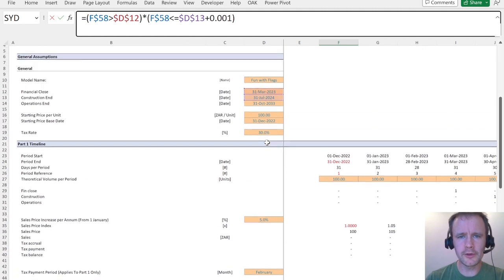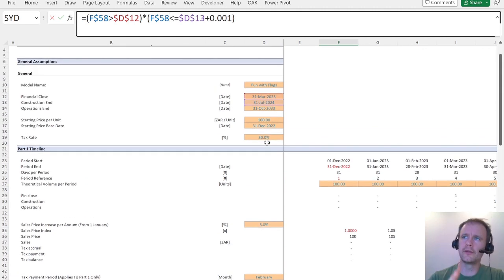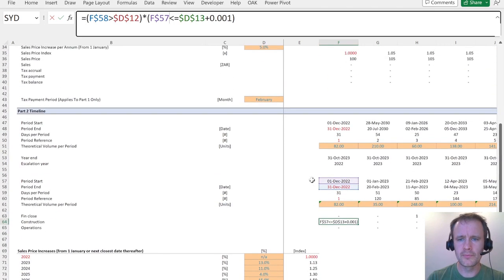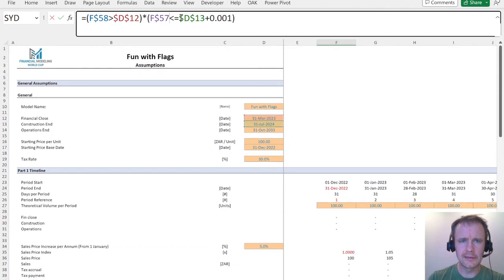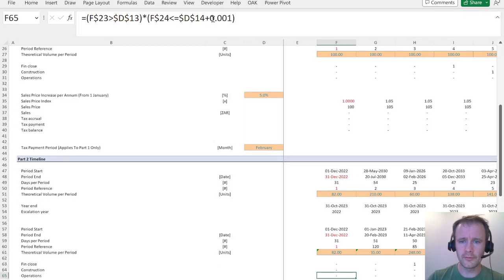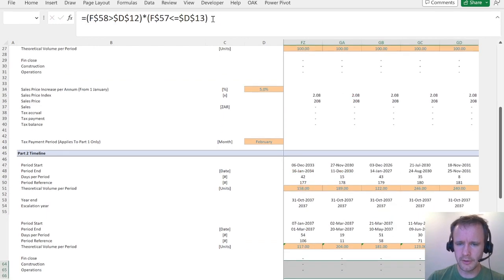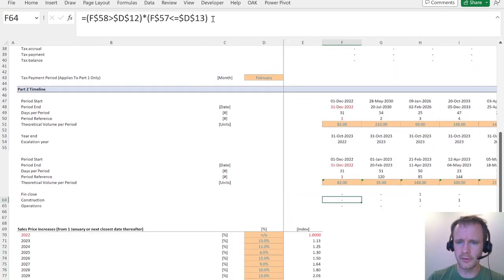So if the construction end date is on the first day of the period, then we're still constructing in that period. So this is going to be 57. So if the start date is less than or equal to the construction end date. And as you can see, I'm very unconfident with this logic right now, but let's just look and see if it's behaving the way it should.